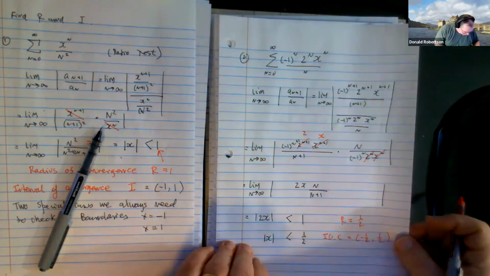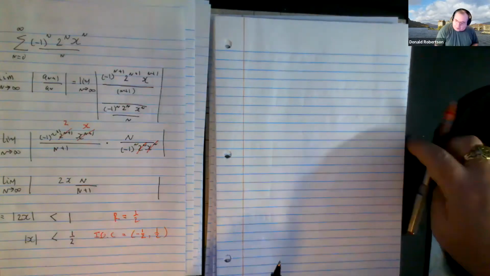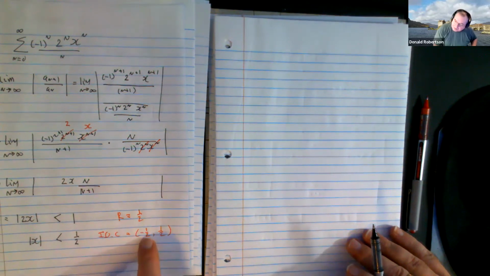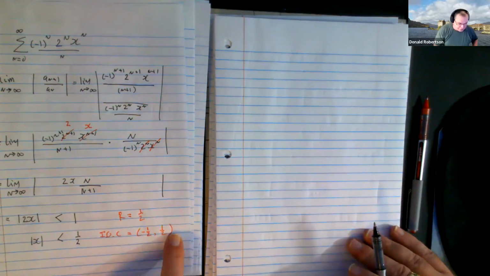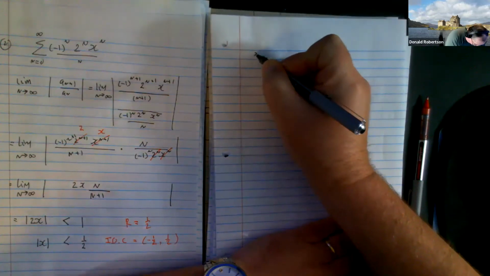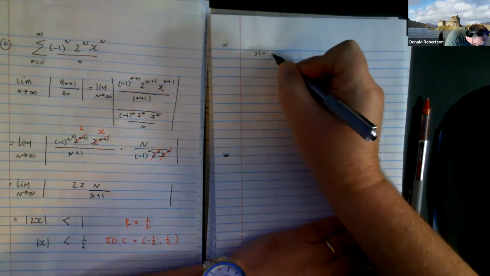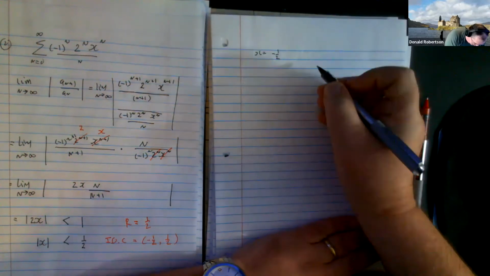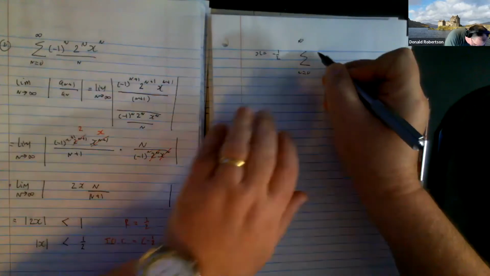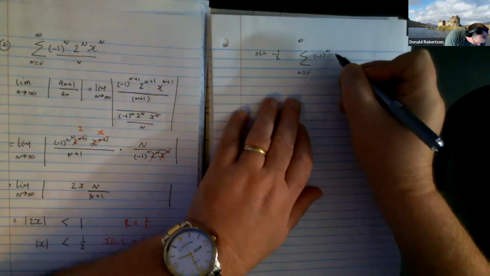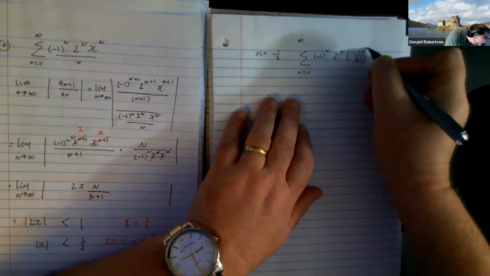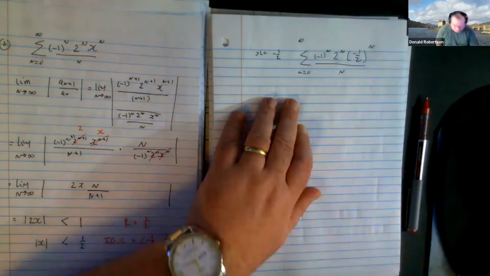Now that means then that don't we have to test both boundaries? Because maybe one of them, it will also converge. So the two boundaries are going to be x equals -1/2. And that means that this power series becomes -1 to the n, 2 to the n, -1/2 to the n, all over n.